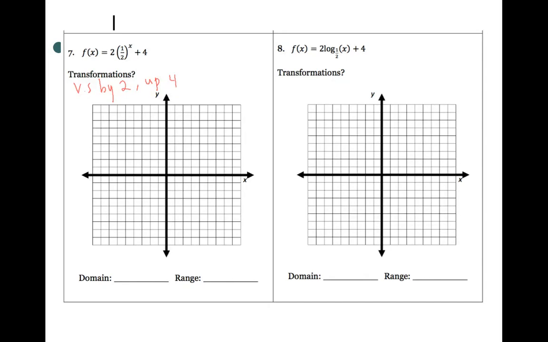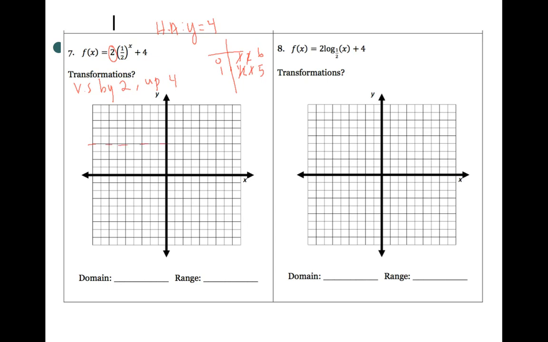So that means that your horizontal asymptote is going to be y equals 4 because it went up 4. So 0, 1, 1, 1/2 is now your base. It dilates by 2. So this is going to be 2, and this is going to be 1. And then it goes up 4. So this is going to be 6. This is going to be 5. So I have 1, 2, 3, 4.